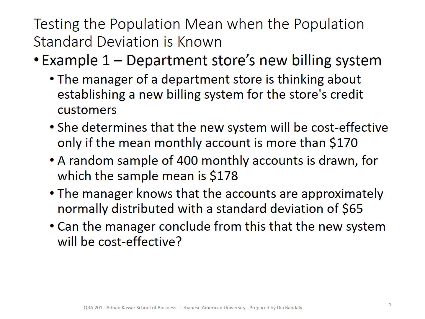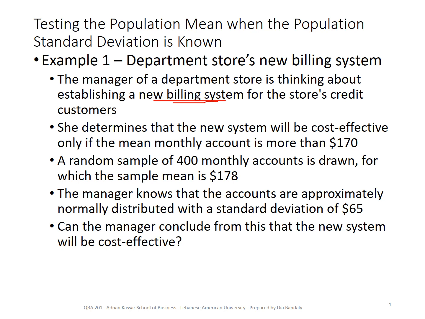So let's have an example that illustrates the use of hypothesis testing in order to make an inference about the population mean. So here, what do we have? In a department store, a manager wants to install a certain billing system for the credit customers.